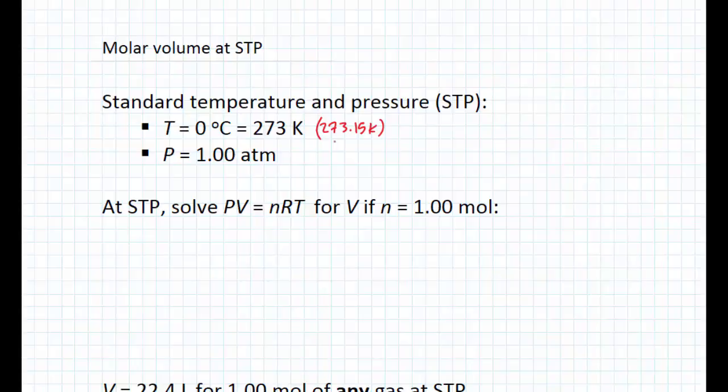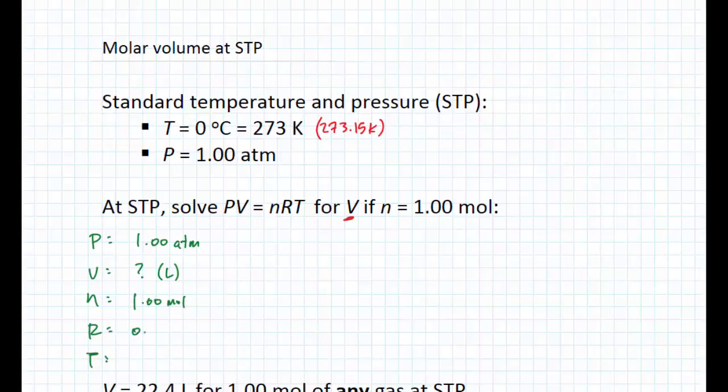What we can do is solve PV equals nRT for V. If I've got a standard pressure, a standard temperature, and 1 mole there, we can do P, V, N, R, T. So standard pressure, 1 atmosphere. We're solving for volume in liters. N, I told you to just try 1 mole.